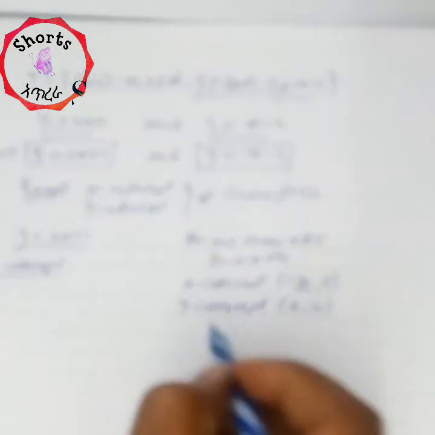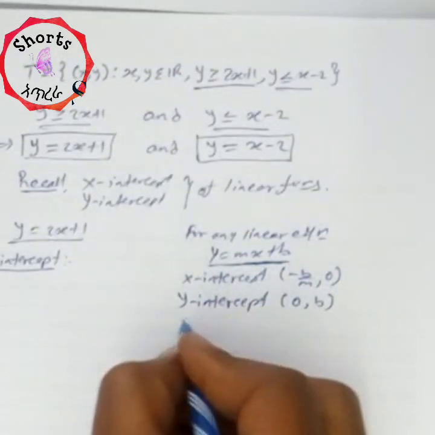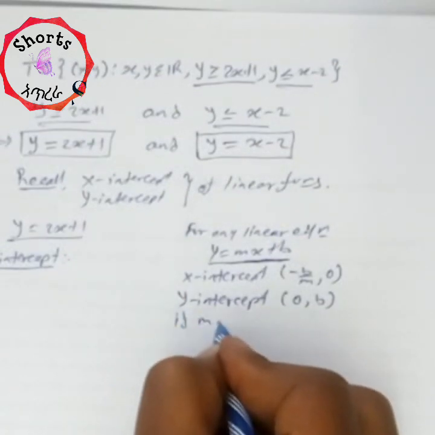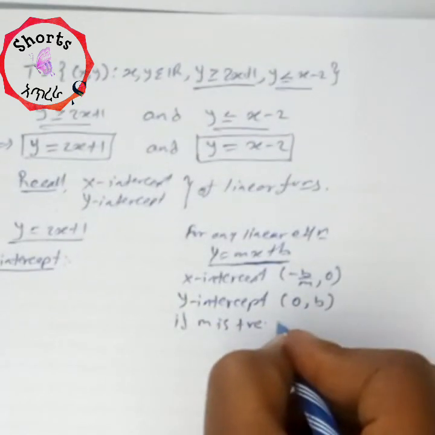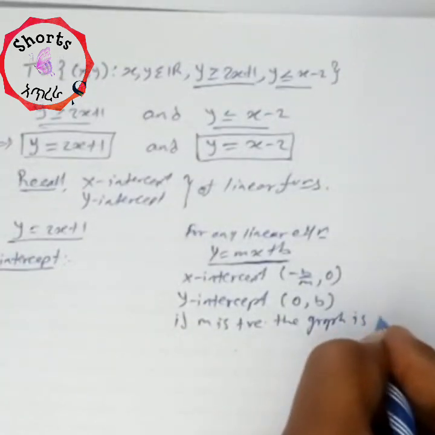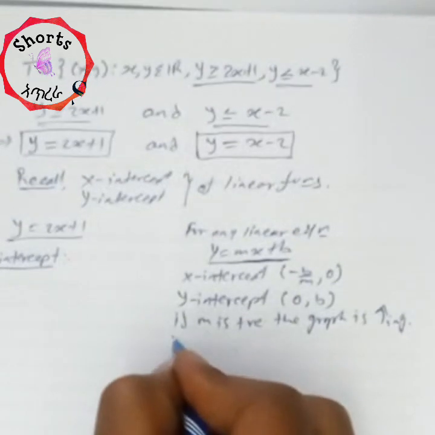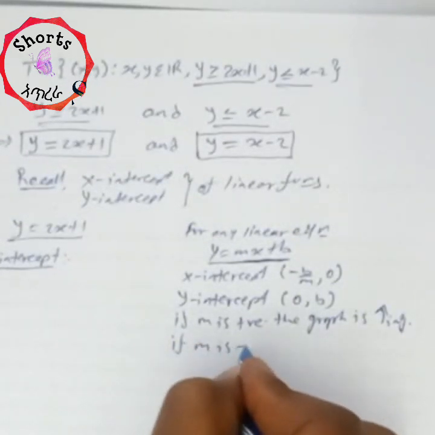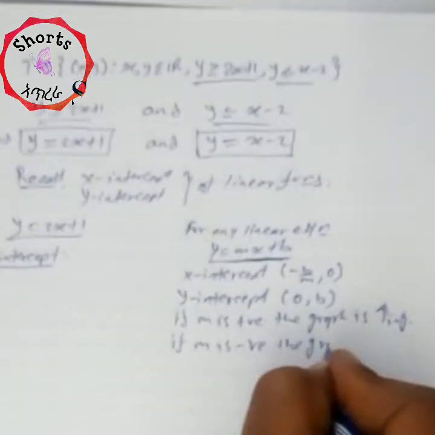Remember, it is written in the standard form. And if m is positive, then the graph is increasing. And if m is negative, the graph is decreasing.